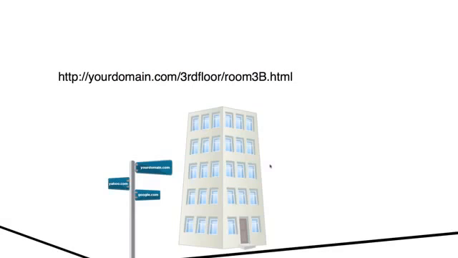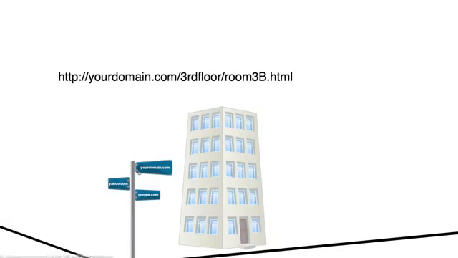A URL stands for Uniform Resource Locator. So your resource, for example, is now on the 3rd floor in room 3B. You will give them the URL yourdomain.com/3rdfloor/room3b.html. So that is a URL.